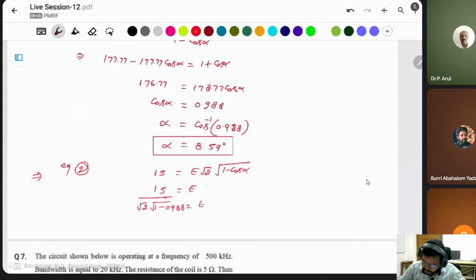That means E is equal to 15 divided by root of 1 minus 0.988, into root 2 inverse, into 50. This will be 100.06 volt.